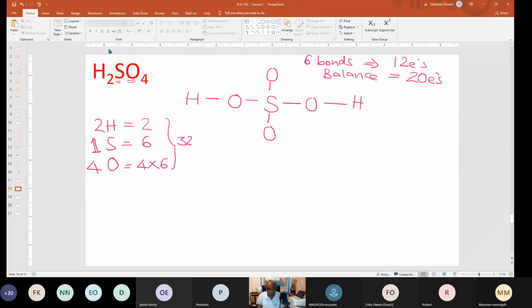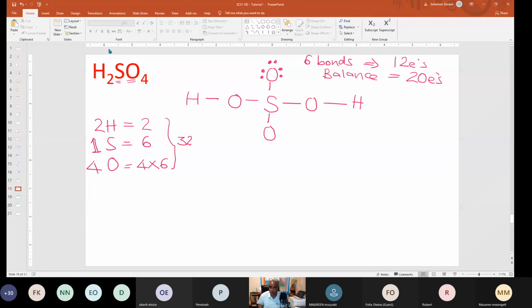Now, which are the elements on the outside? Oxygen. The 4 oxygens are the elements on the outside whose octet is not fulfilled. So this oxygen will need 6 electrons: 1, 2, 3, 4, 5, 6.